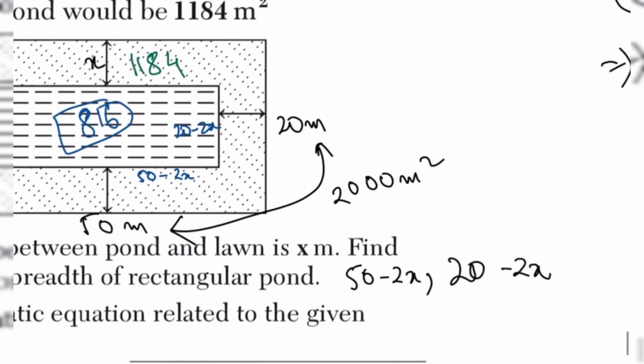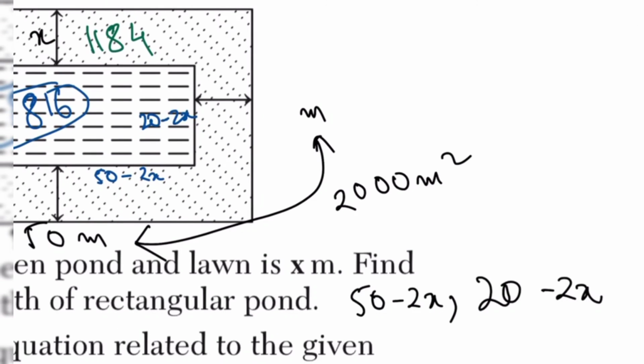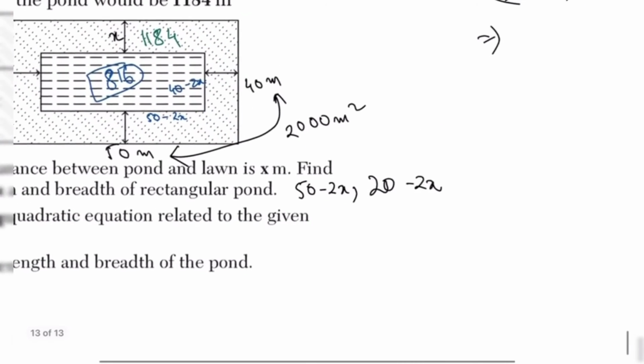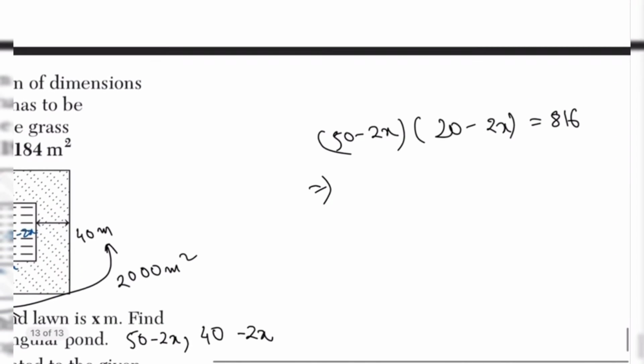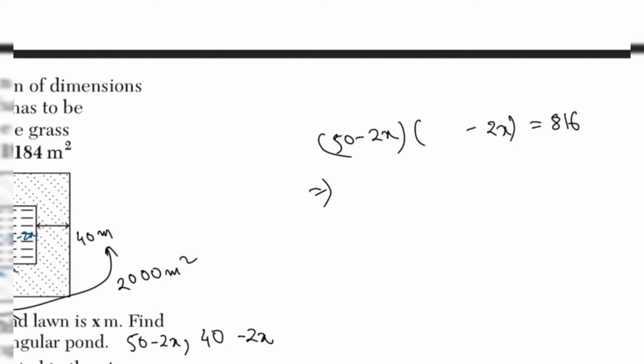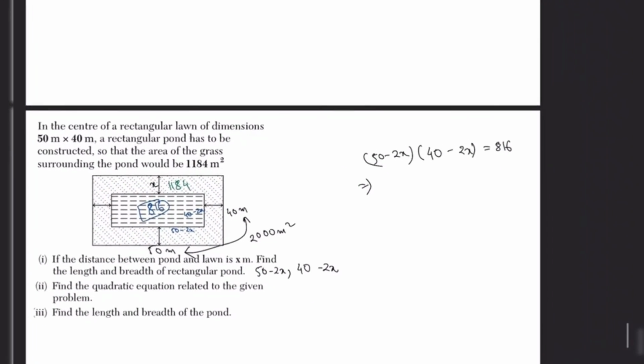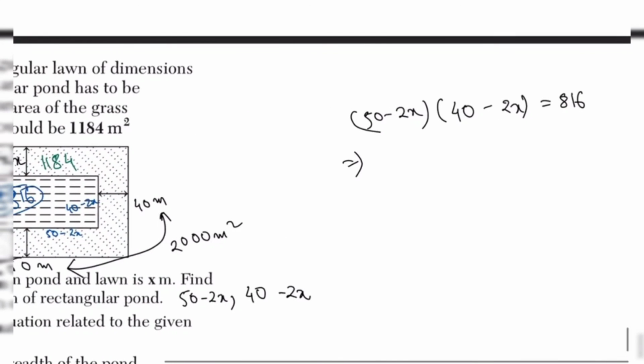Yeah, this should have been 40. So this is not 20 minus 2x. This is 40 minus 2x. And similarly, what you get here is 40. This is also 40. Okay, I think now we are in a good place to do it.